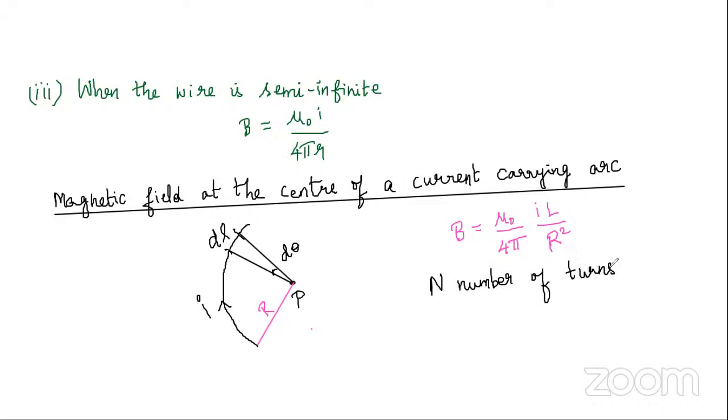In that case, the magnetic field is multiplied by capital N. So B equal to mu naught by 4 pi N into I L divided by R square. You have to multiply the total field by capital N, whatever expression you are writing. So this is how we find the magnetic field at the center of a current carrying arc.